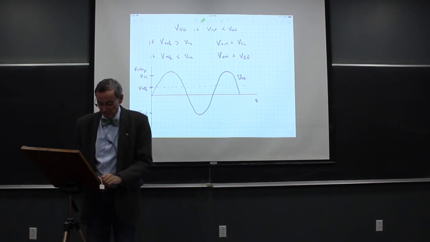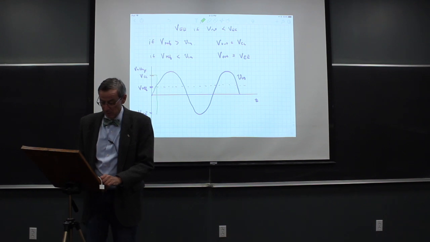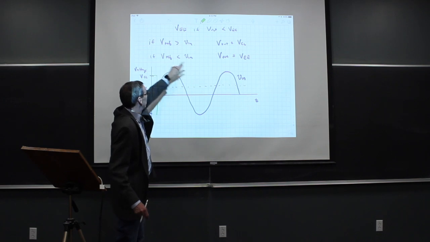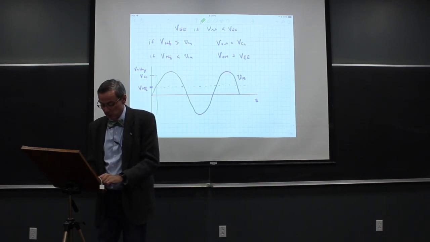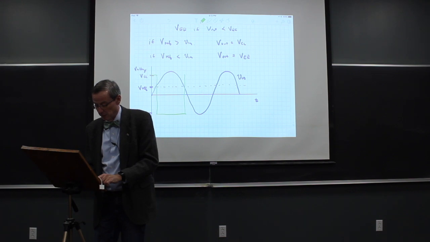So we're going to start out with VCC, and then at this point Vn is going to become bigger than Vref, so that's going to give us the negative output, and that's going to keep going until we cross this again, and then we're going to jump back up to the positive, and that's going to go until we cross it again, go down until we cross it again, and then go back up.